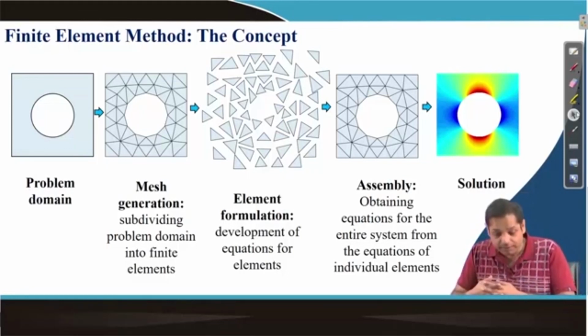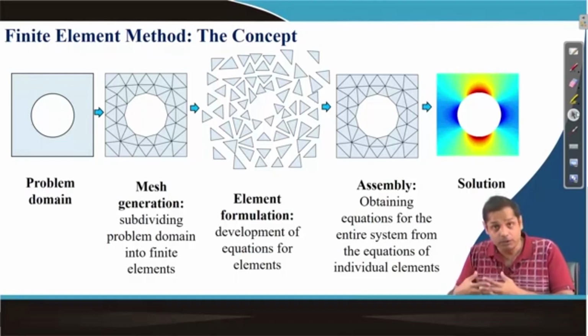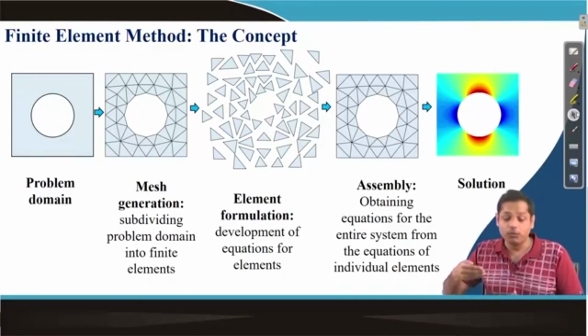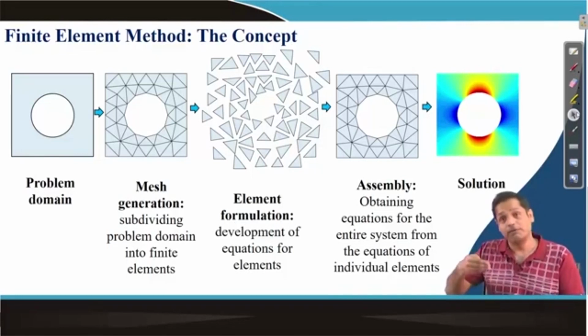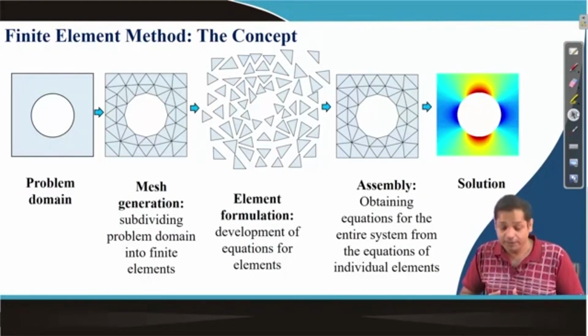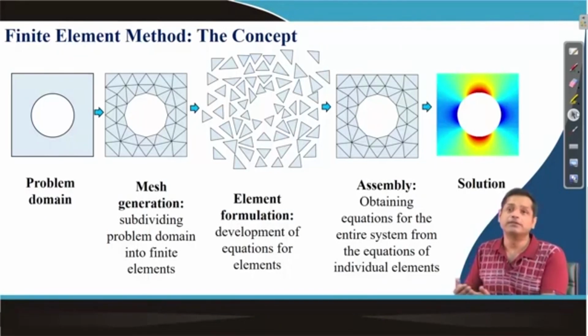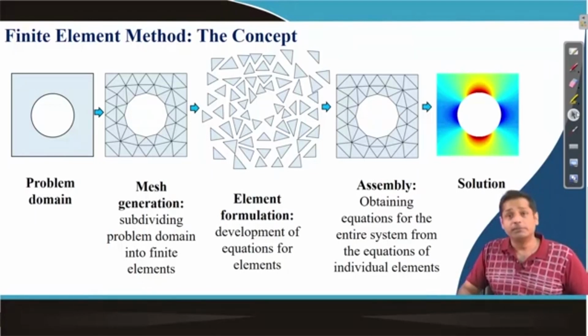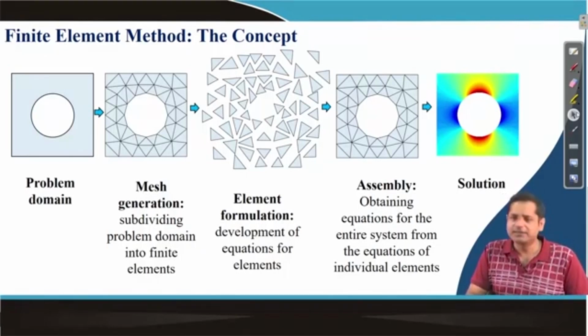Once we assemble all these element equations, we get the discrete equations for the entire system. And once we have that system of equations for the entire problem, then we need to solve it and finally see the solution.